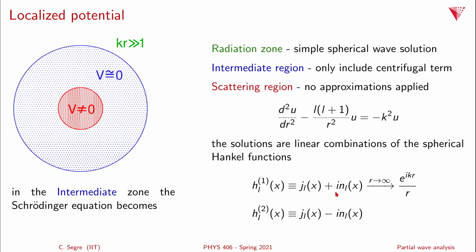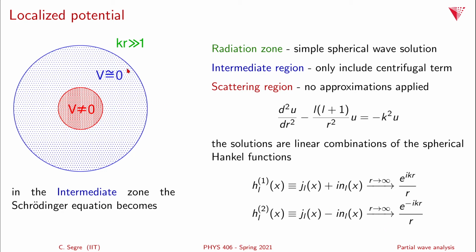Well, as r goes to infinity, what do these look like? This term up here with the Bessel plus I n sub L goes to a spherical wave going outward. And this one here, when r goes to infinity, goes to a spherical wave moving inward in the negative r direction.